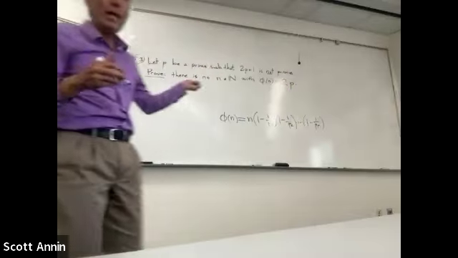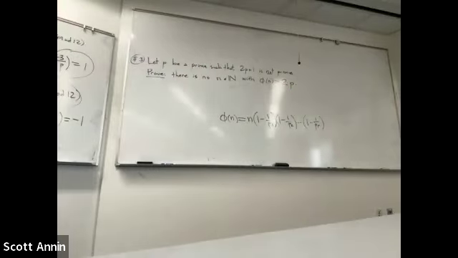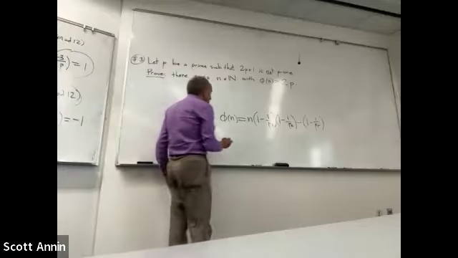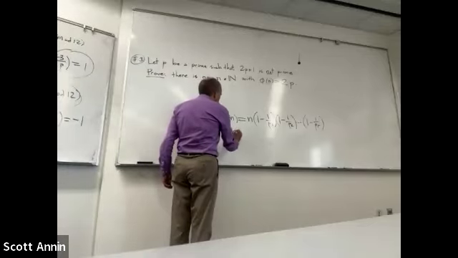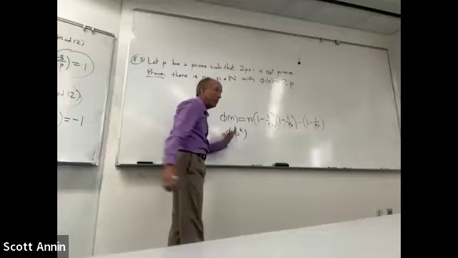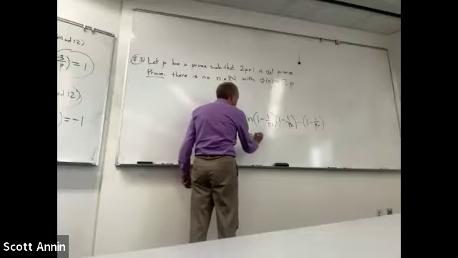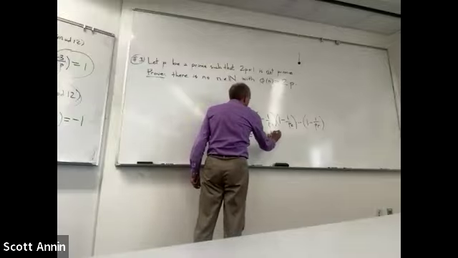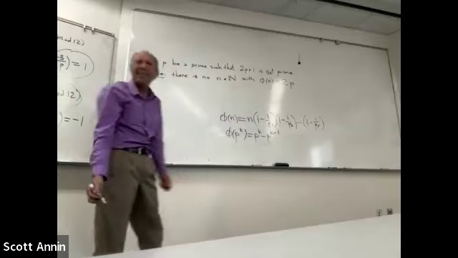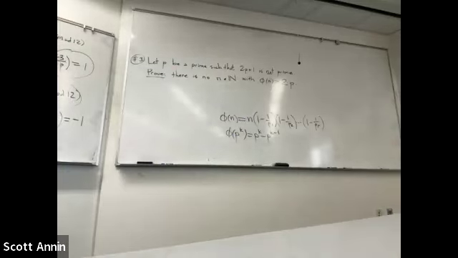You're going to want to know that formula. Remember also that phi of a prime power p to the k is p to the k minus p to the k minus 1. It would be good to know.